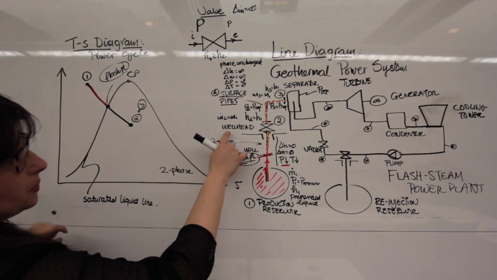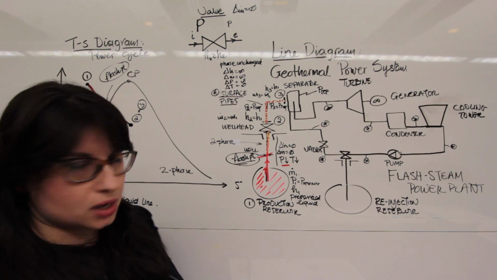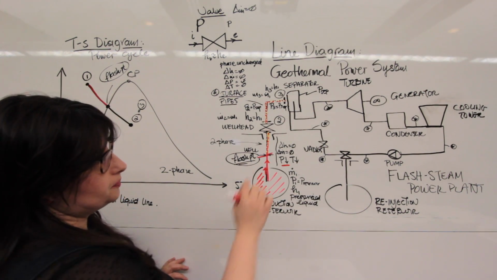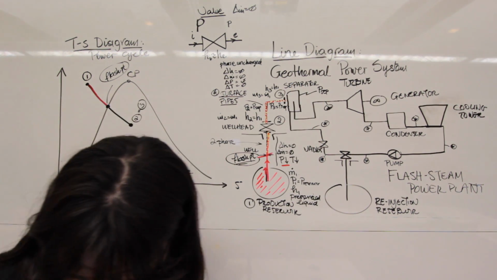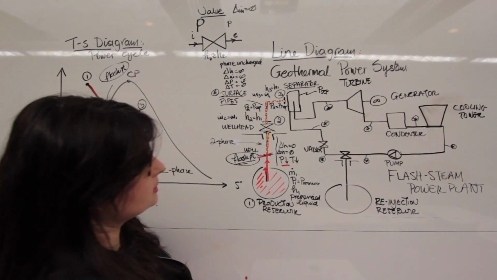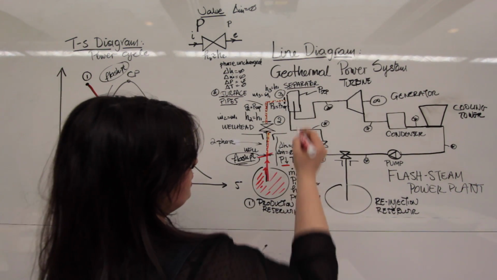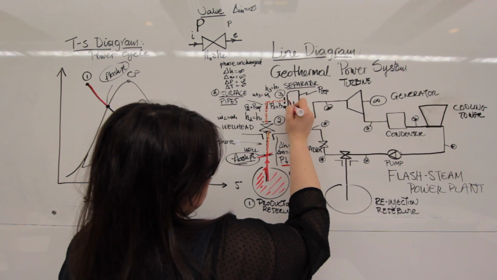Now let's see what happens. Let's go back to the diagram and see what happens there. So let's continue on with our system description. I'm at point 3, and this is my separator. Inlet to the separator, more specifically. What happens? Well, I have two-phase fluid, it's flowing into it, right?